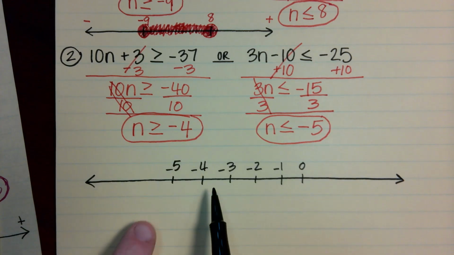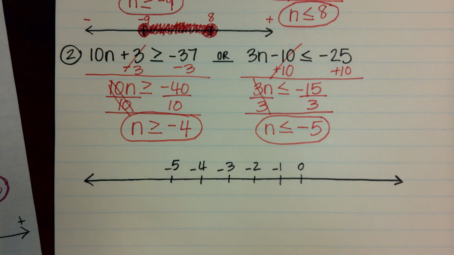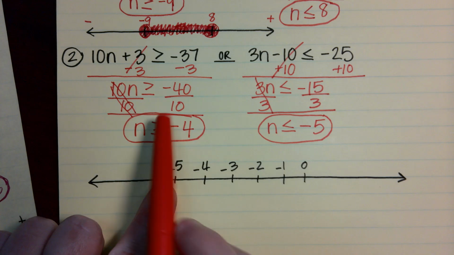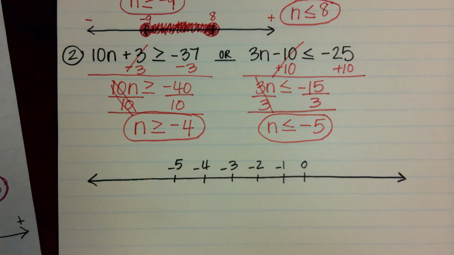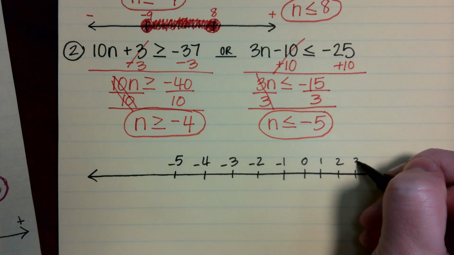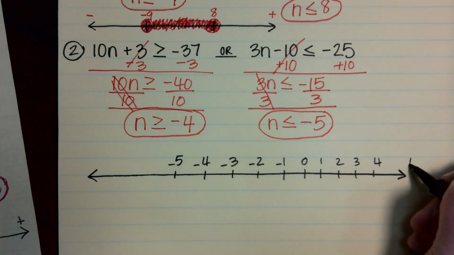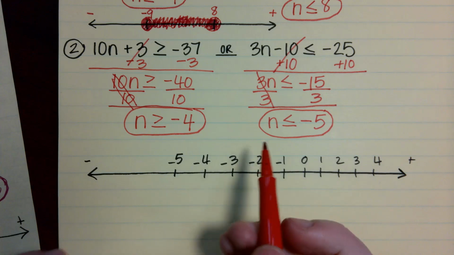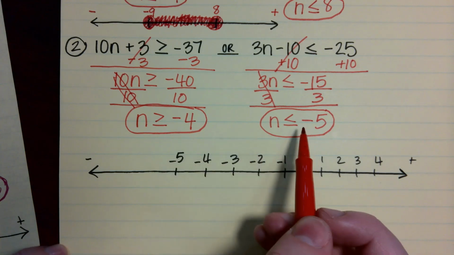I want to remember which number is going to come first. So which number comes first? -5. That's smaller than -4. Our negative numbers are backwards. Our positive numbers go 1, 2, 3, 4, 5, on forever. So our two numbers here are -4 and -5.